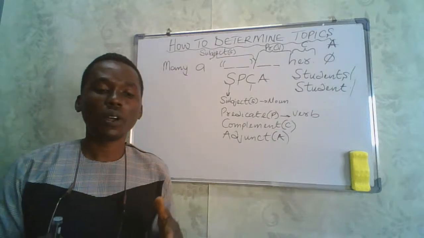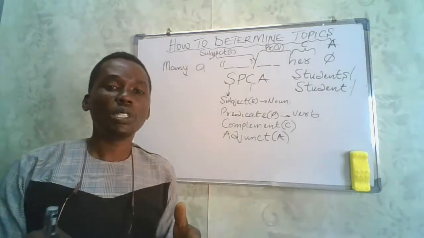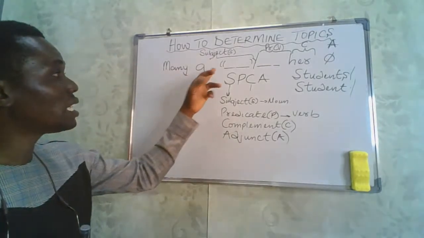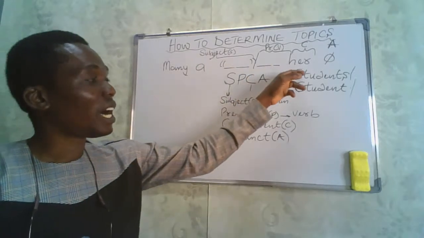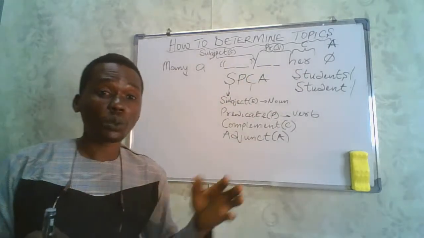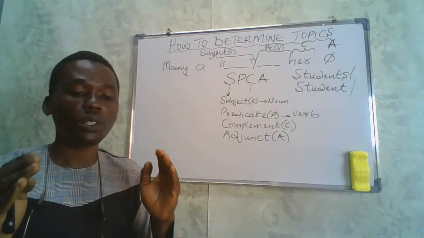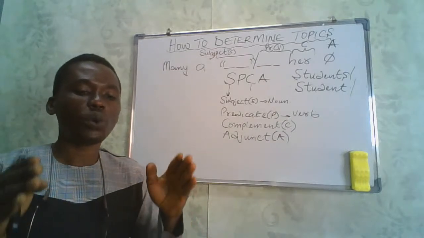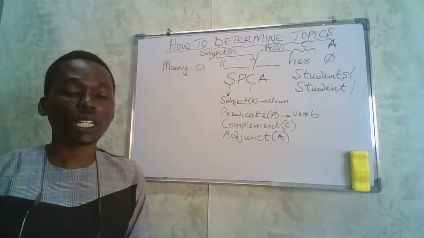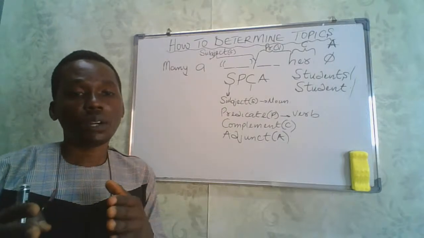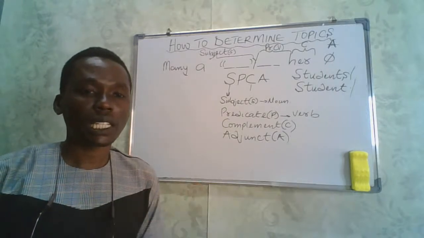But for now, I'll leave you with this question. Many a dash, dash, her. I've given you the option in our previous class on the use of English language, but I want you to still think about it, and you have to learn more on subject and verb relationship in our next class.